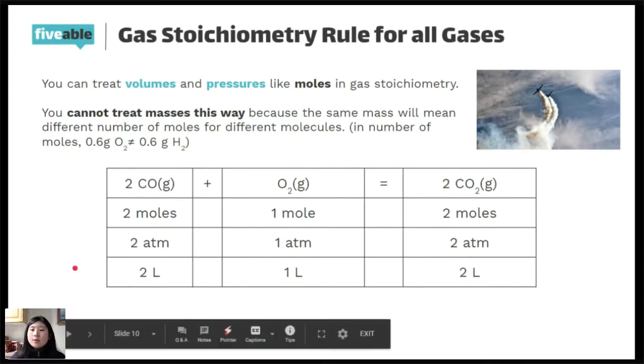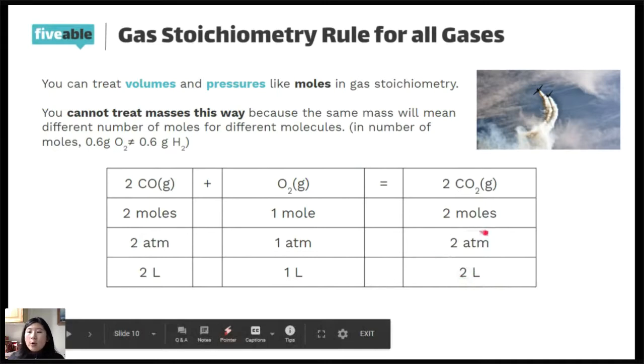But you do want to be aware that if the temperature changes over here, then that will affect the volume. So this may not work if the temperature is changing, or if the pressure is changing.